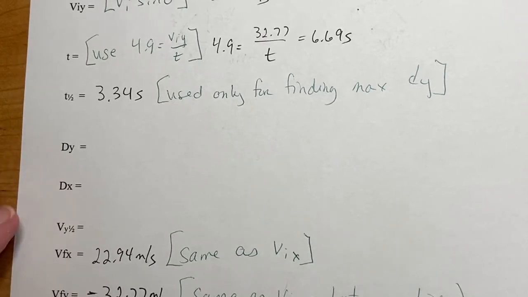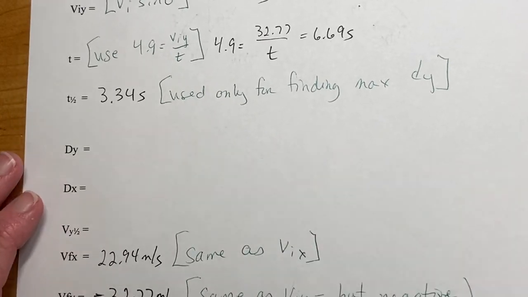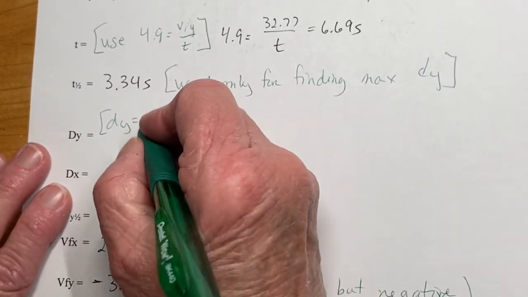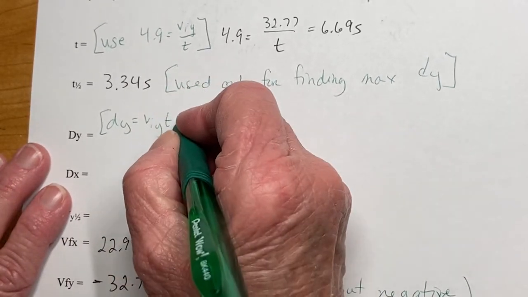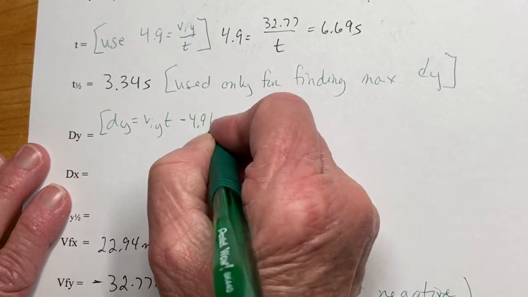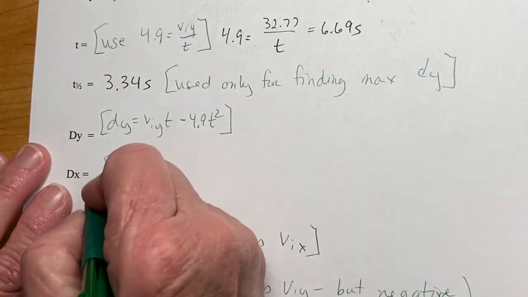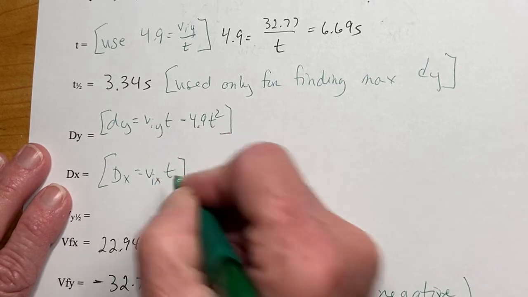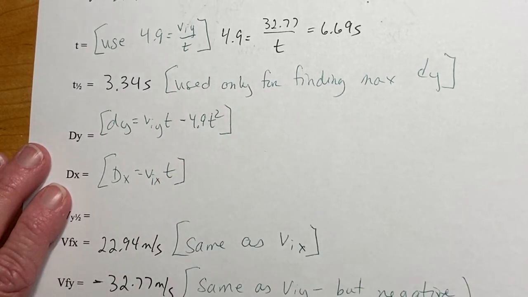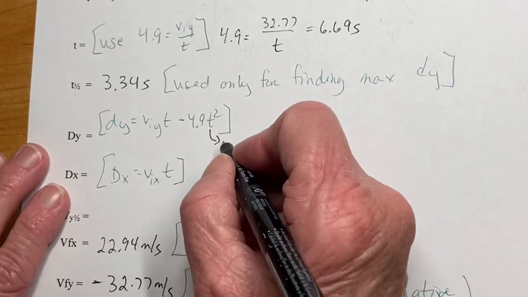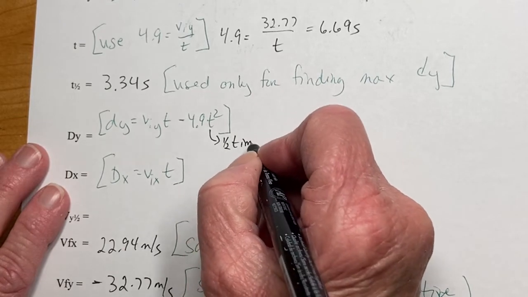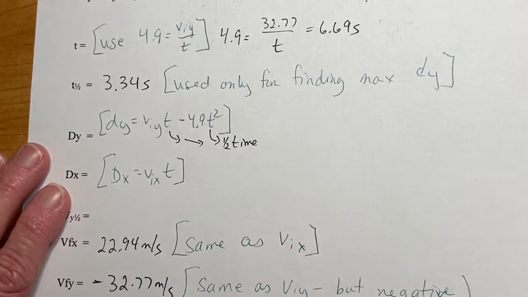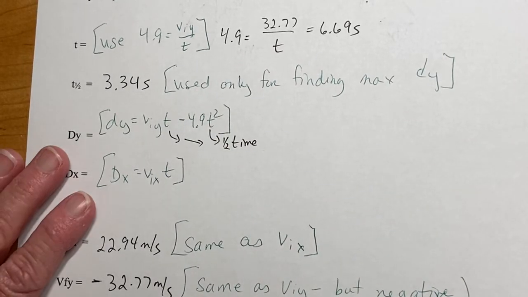And now we're just going to use the two formulas. They do take a little bit, so let's put down here. So we're going to use the dy, VIYT, and remember we simplified it to 4.9 t squared, and the dx is going to be VIX t. And so we want to make sure in this one we're going to use halftime for both of those because I want to find the maximum height.